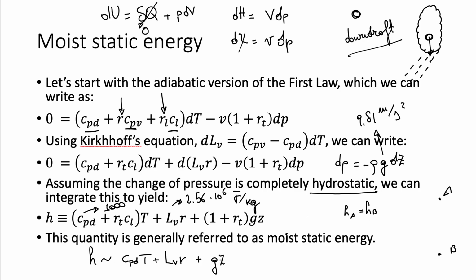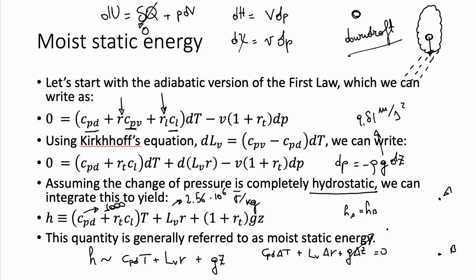But that you have a way to measure, because now what this says is that c_pd delta T, where delta T is T_B minus T_A, plus L_v delta r plus g delta z equals 0. Assume, for simplicity, that delta z is 0.